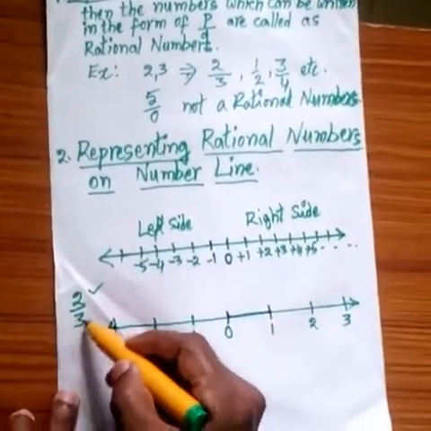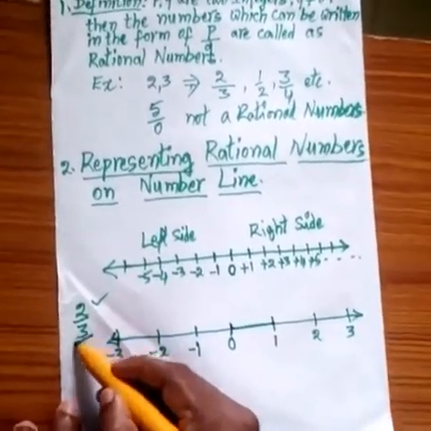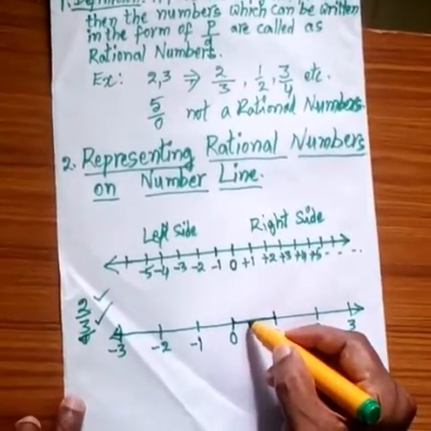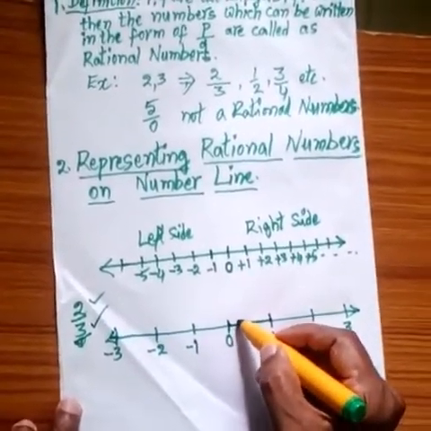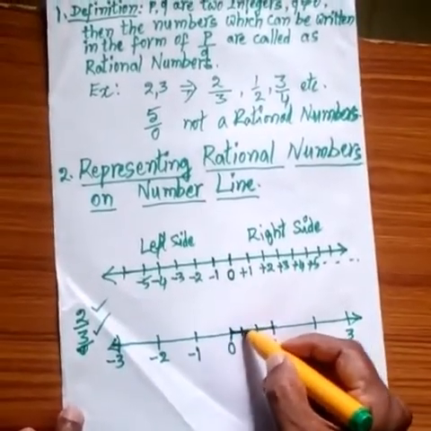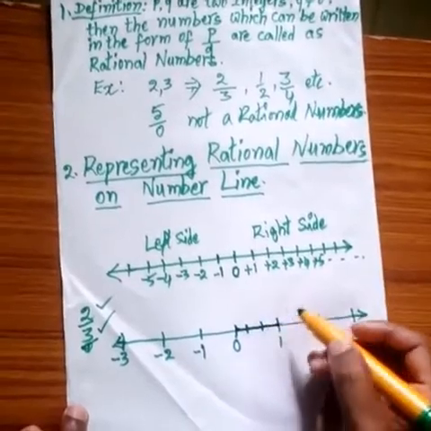That is, 1, 2, 3. So this is one part, this is the second part, and this is the third part.